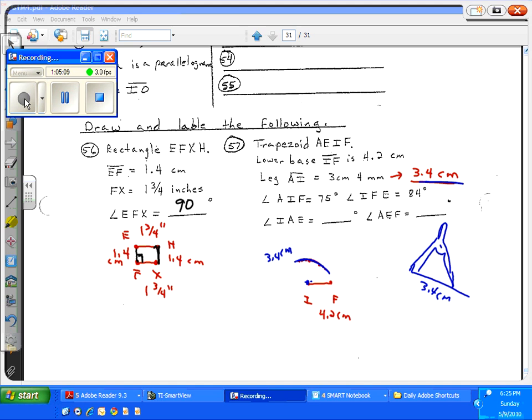But then we want to get our angle right. And so we're going to get our protractor and we're going to set it in here. And we're going to measure 75 degrees from here, and we're going to make a mark. And we're going to go from I through the mark to the arc.